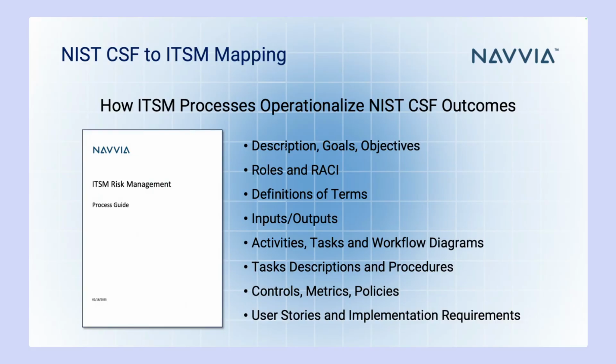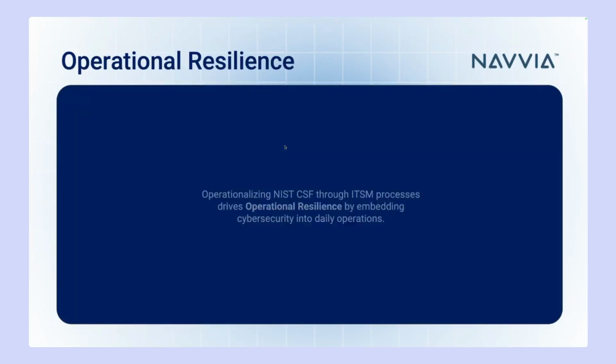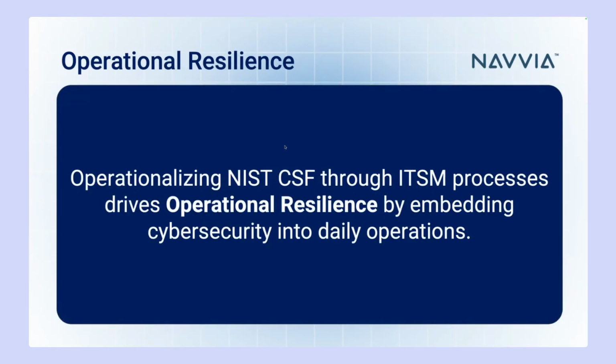So when I talk about ITSM processes, I'm talking about a mature process that's been well documented, defined, deployed, measured, and continually improved. So when these are in place, you have a much better chance of reaching your outcomes. So operationalizing NIST CSF through ITSM process drives operational resilience by embedding cybersecurity into daily operations.